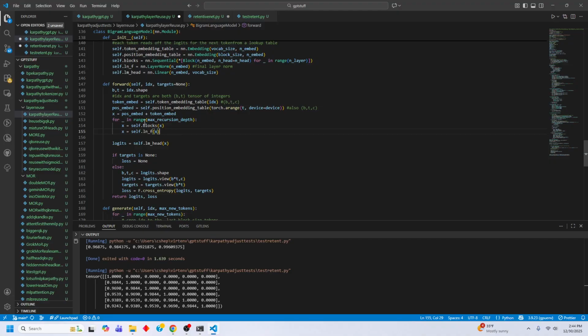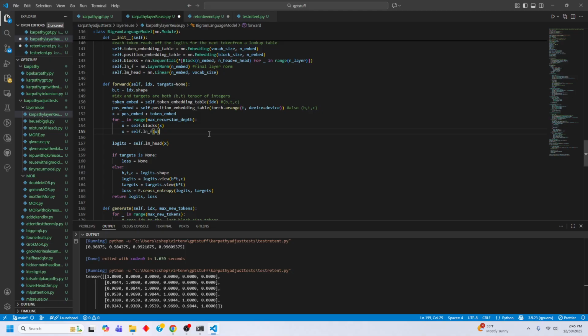The first iteration's output is x, which becomes the input of the next iteration of the for loop. That's really all it is. Like I said, there's 3 layers, it acts like 9 layers, and gets you better results than just using 3 layers one time through.